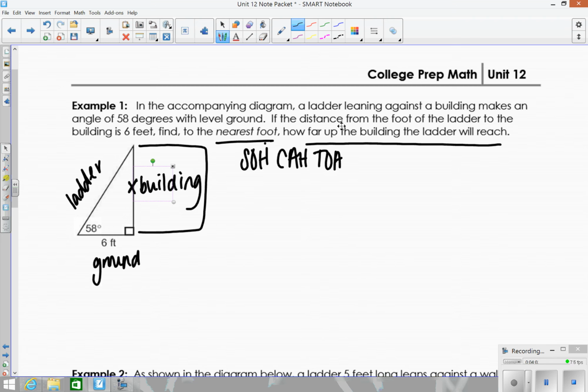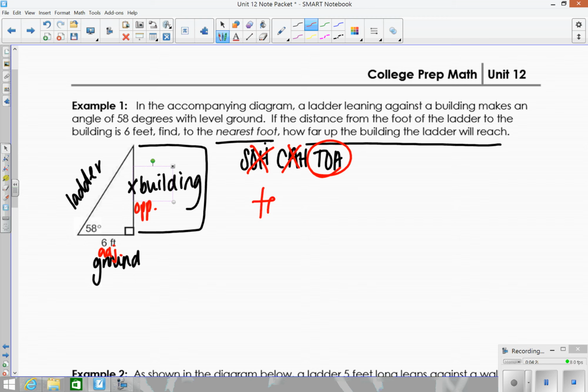So we have to decide what we have here. Since I have 58 degrees, this side is going to be the opposite. This is going to be the adjacent. And the ladder would be the hypotenuse, but I don't have any variables on the ladder, and I don't have a number there. So I'm only going to use the x and the 6. That tells me I'm going to be using the opposite and adjacent, which tells me I'm going to be using tan.